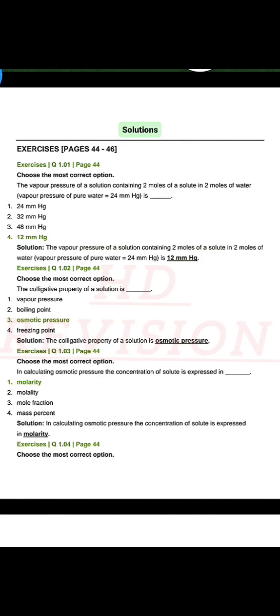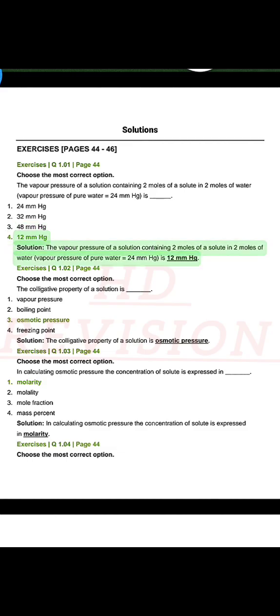Solutions. Exercises pages 44-46. Exercises Q1.01, page 44. Choose the most correct option. The vapor pressure of a solution containing 2 moles of a solute in 2 moles of water, vapor pressure of pure water equals 24 mm Hg, is: 1. 24 mm Hg, 2. 32 mm Hg, 3. 48 mm Hg, 4. 12 mm Hg.